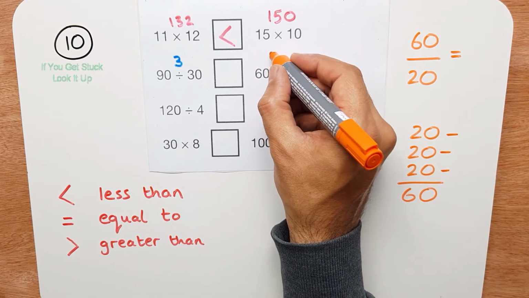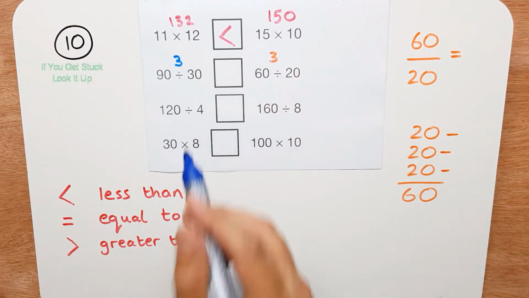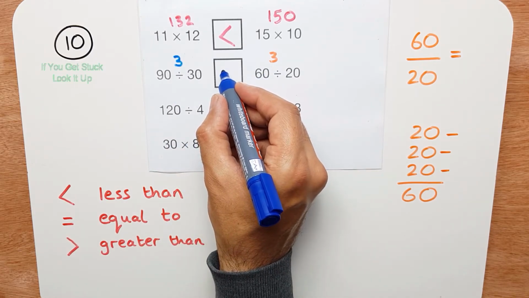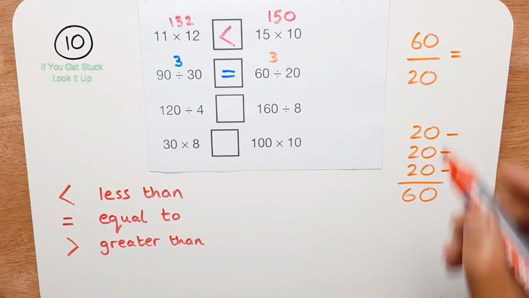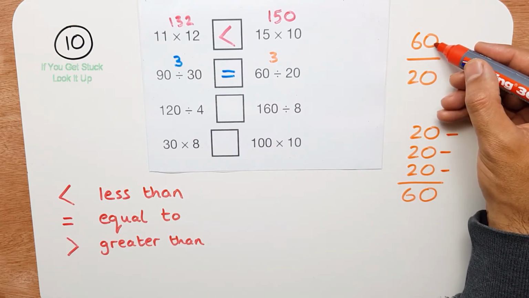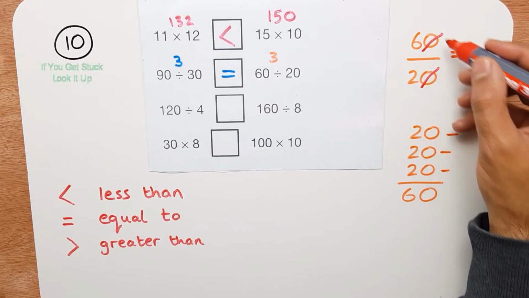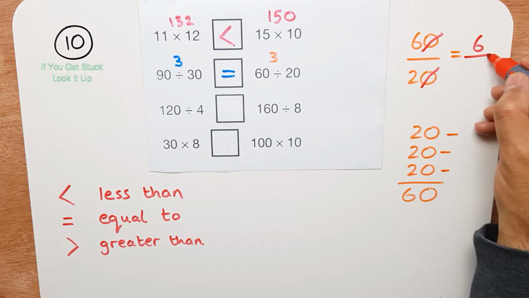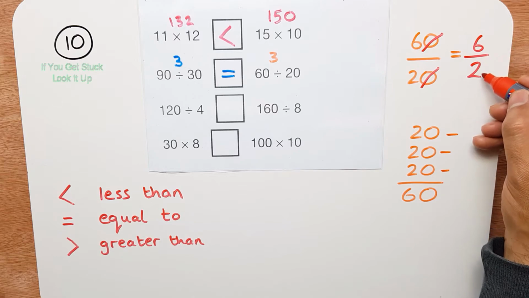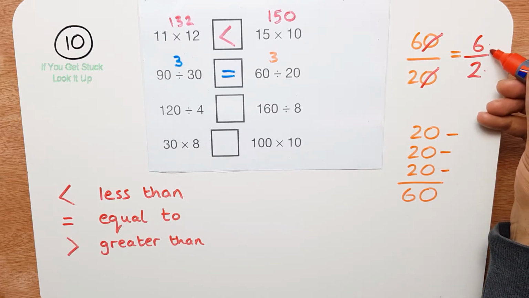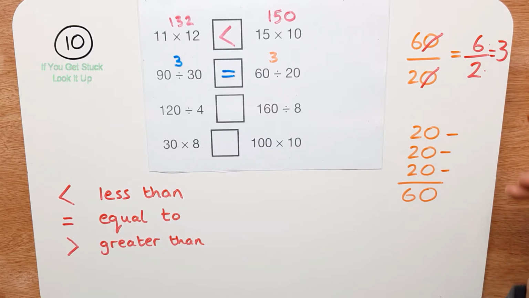So I've got 3 on this side. Now with this one, 3 on the left hand side, 3 on the right hand side, I can use the equal symbol. Now a little shortcut with this, because they both end in 0 and they're whole numbers, I can simply cross them off. So my question is 6 divided by 2, or 6 halves. How many 2's are there in 6? The answer's 3. And that's another way of doing it if you know the shortcut.